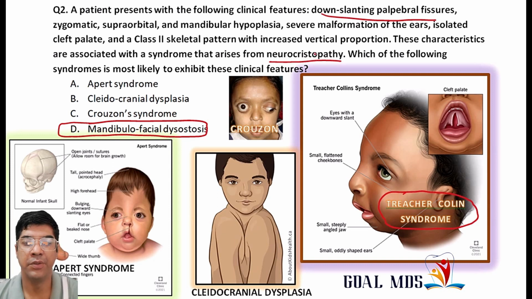It occurs due to mutation in which of the following genes? Remember, TCOF1 gene and POLR1C gene.